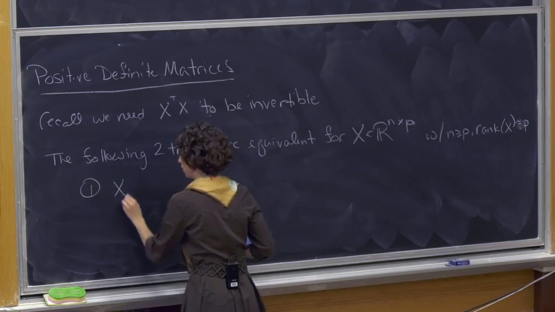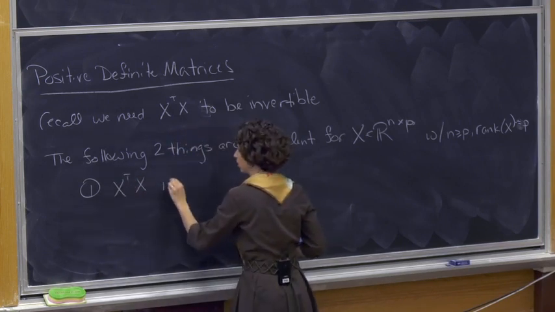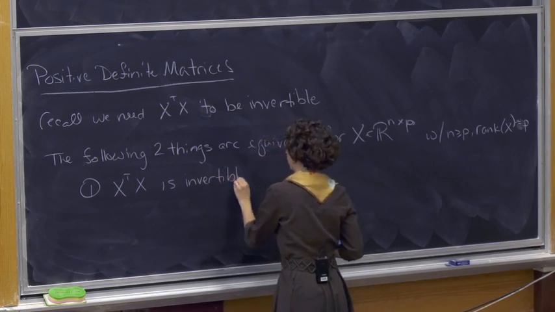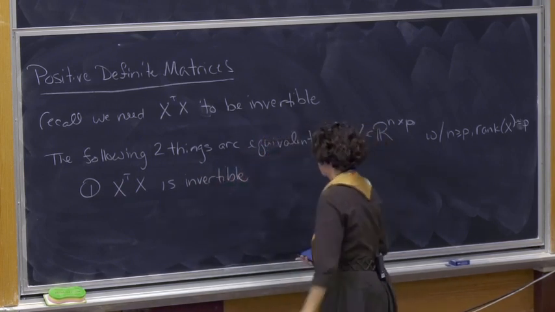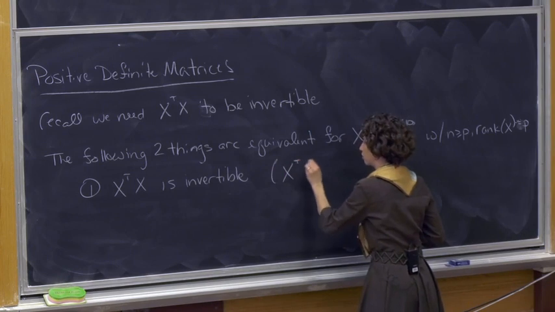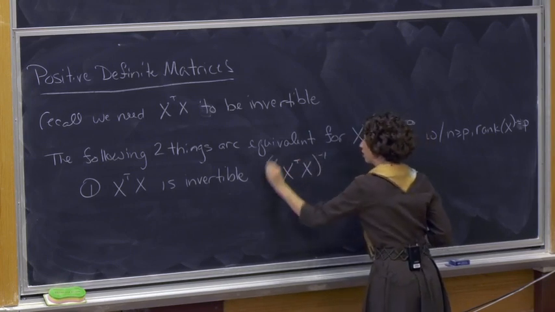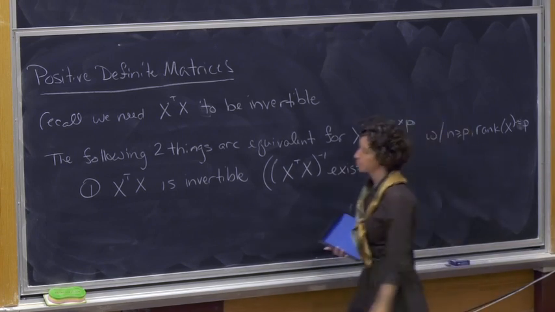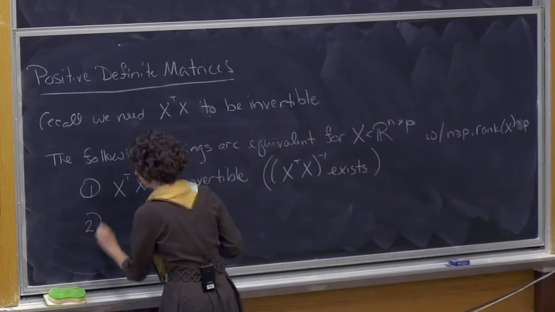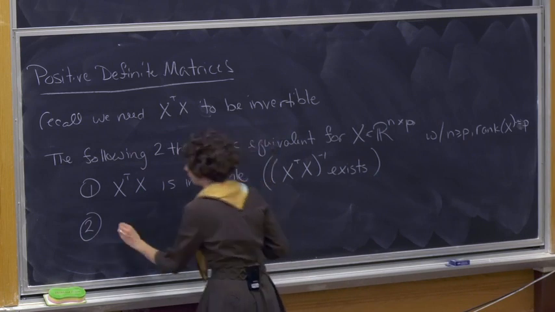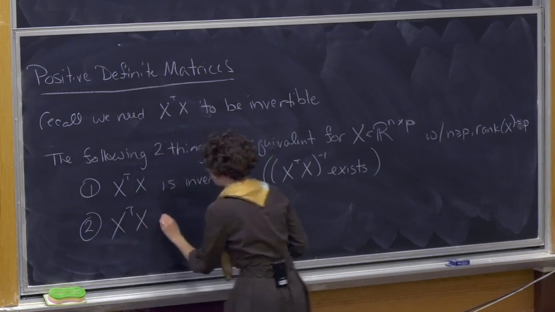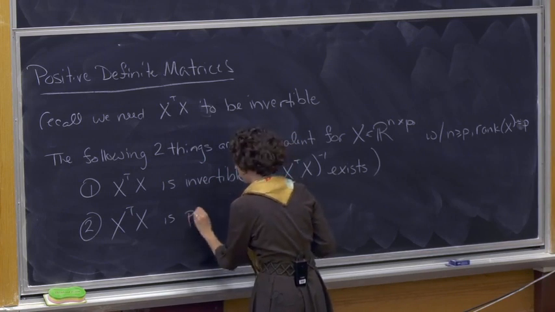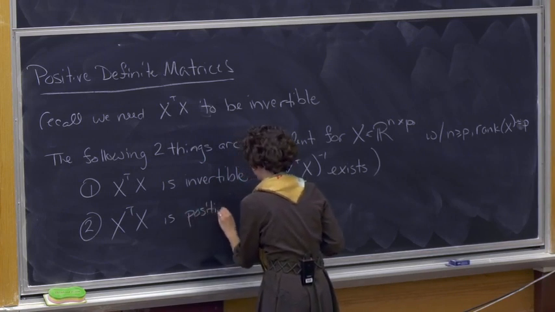The first one is that X transpose X is invertible. Or in other words, X transpose X inverse exists. And that is the same as saying that X transpose X is positive definite.